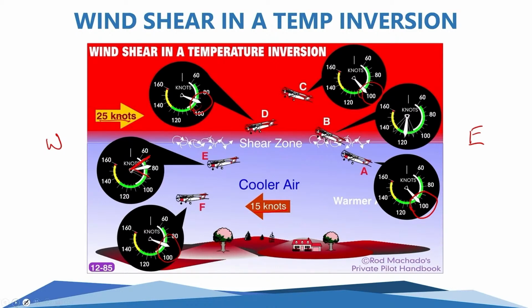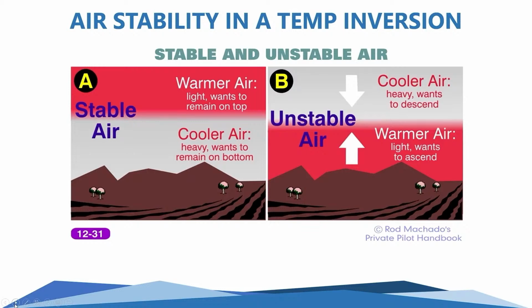Okay. All right, let's go ahead and look at the stability of the temperature inversion here. Very simply, we all know that hot air rises and cool air likes to stay closer to the ground. So in those types of situations, that is going to be considered a stable air mass. And if we look at the opposite, with the cold air on top and the warm air on the bottom, that's going to be considered unstable air because it's going to want to mix, and the warm air is going to want to move to the top and the cold air is going to want to move to the bottom.